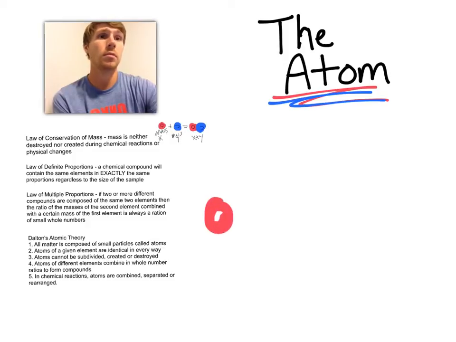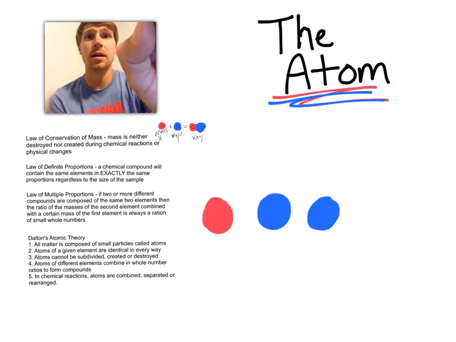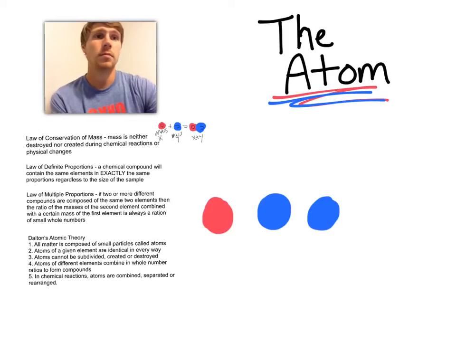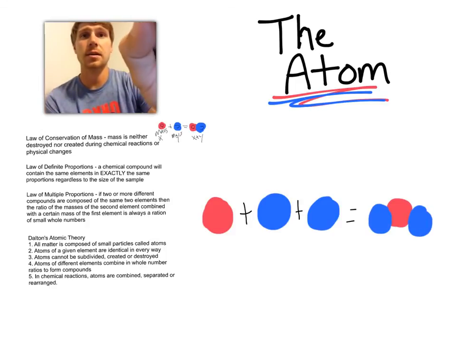So if we have carbon here, and we have oxygen here, and we have another oxygen, well, when this thing combines, we're going to get this guy, and this would be carbon dioxide.